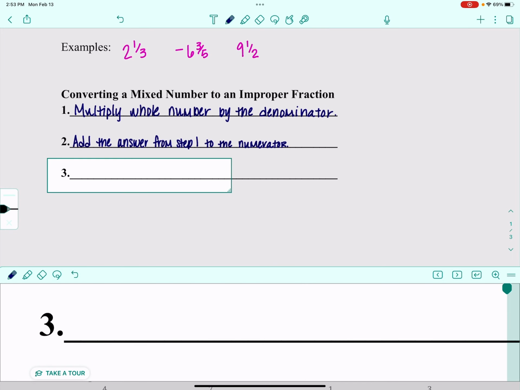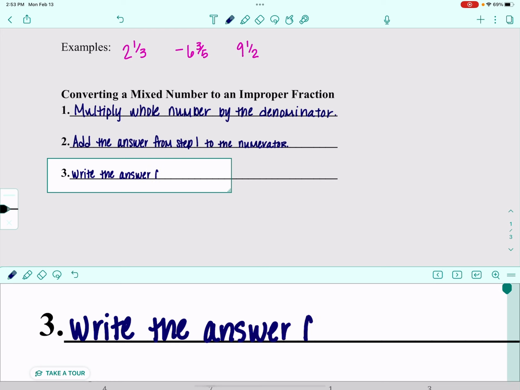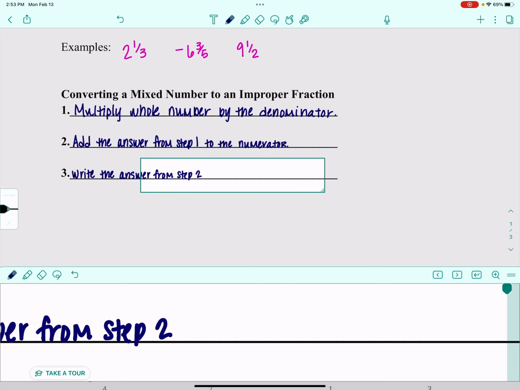For that last step, I want to write the answer from step 2 over the original denominator.